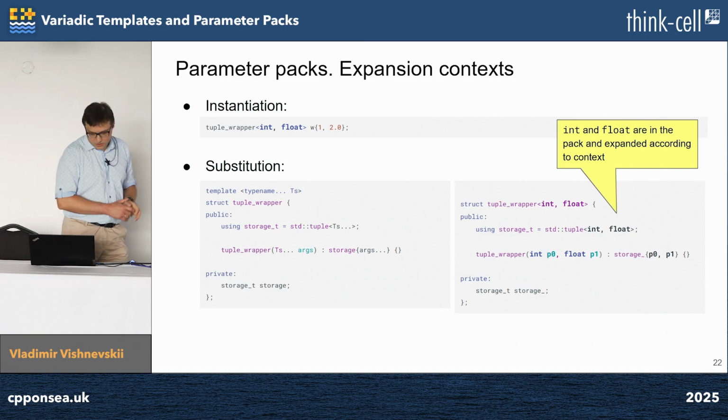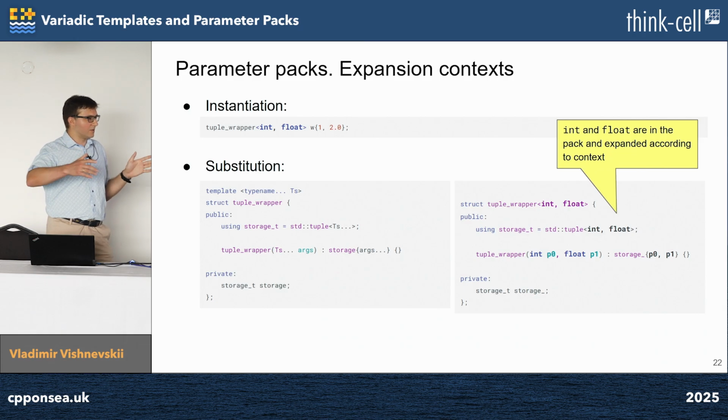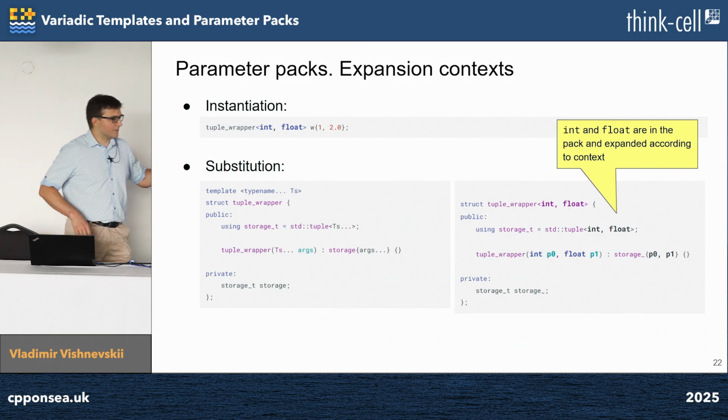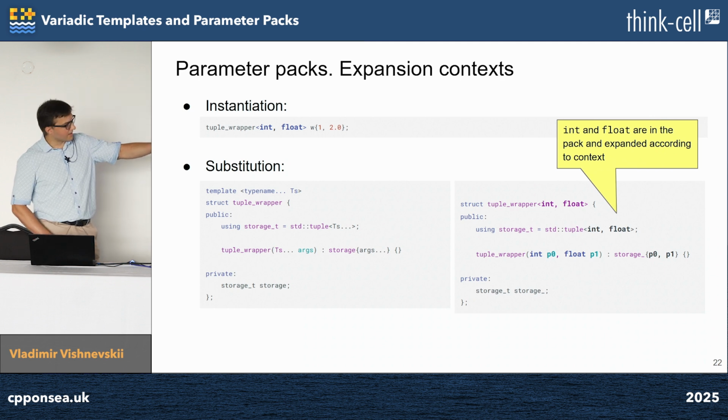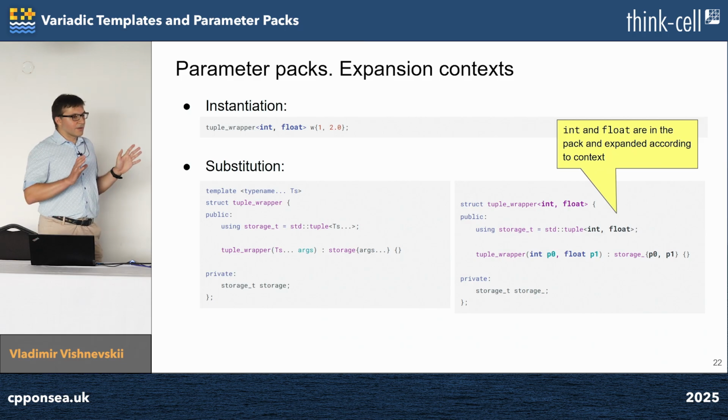Expansion, sorry, was probably already visible from the slide, but to do the expansion we use the ellipsis, typically on the right side of the parameter pack, but there are exceptions for this. We will cover them. So here we see on the right how the code was transformed as a result of the substitution. These are the trivial examples of expansion. There are more complex ones, and let's start covering them.